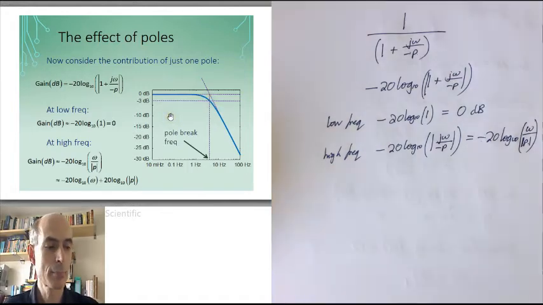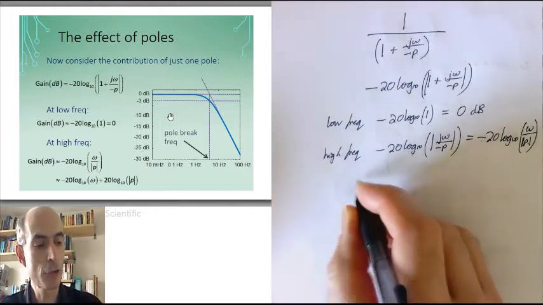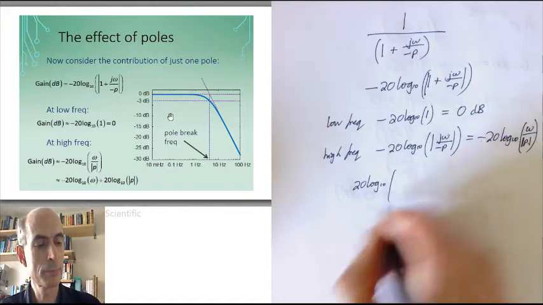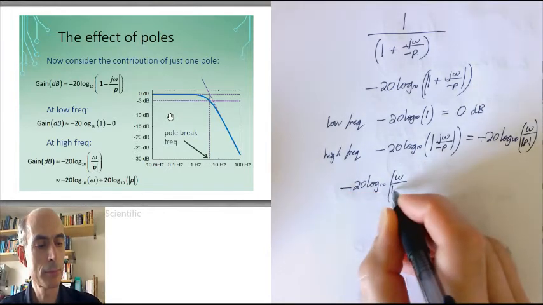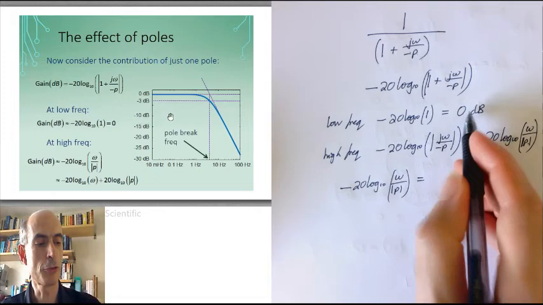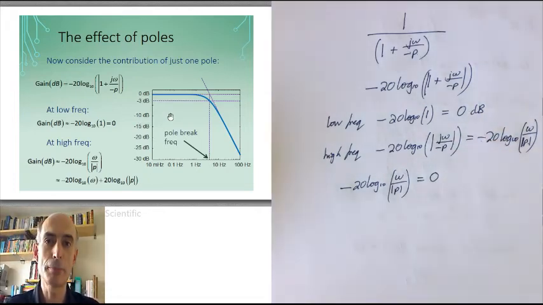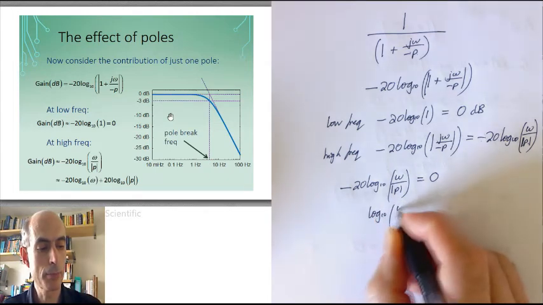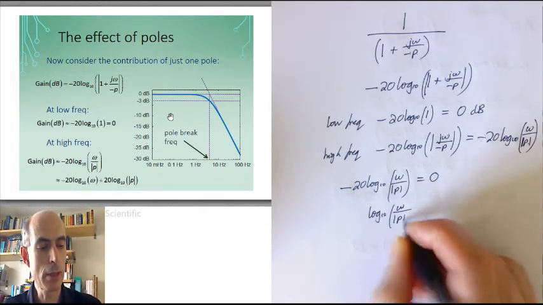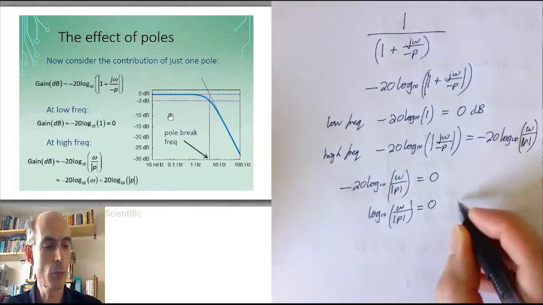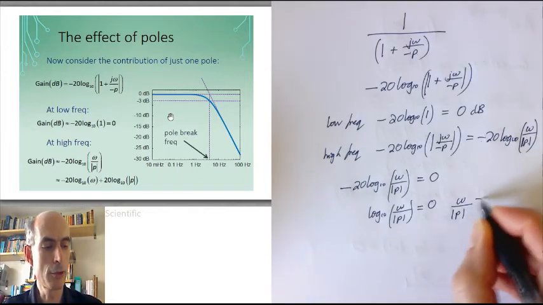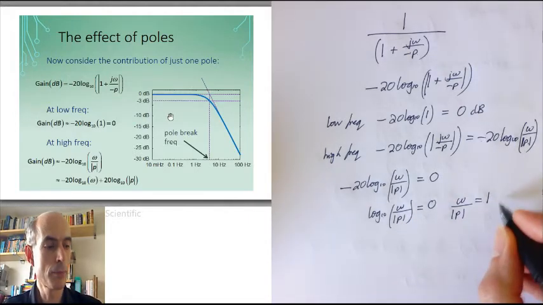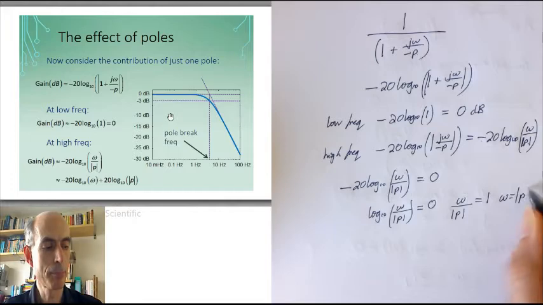That break or corner frequency is going to occur where the high frequency approximation and the low frequency approximation give the same result. This is going to occur when log 10 omega over mod p is equal to 0. In other words, omega over mod p is equal to 1 because the log of 1 is 0, or omega is equal to mod p.